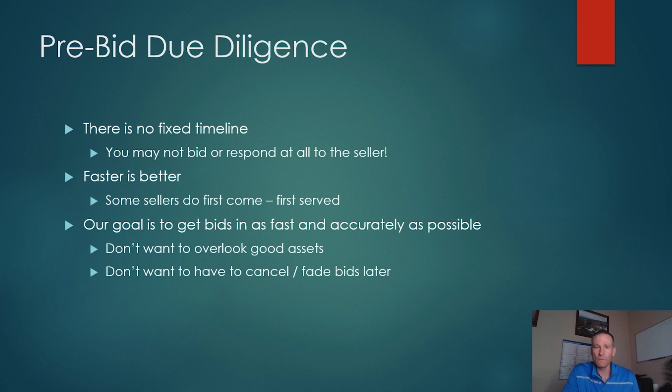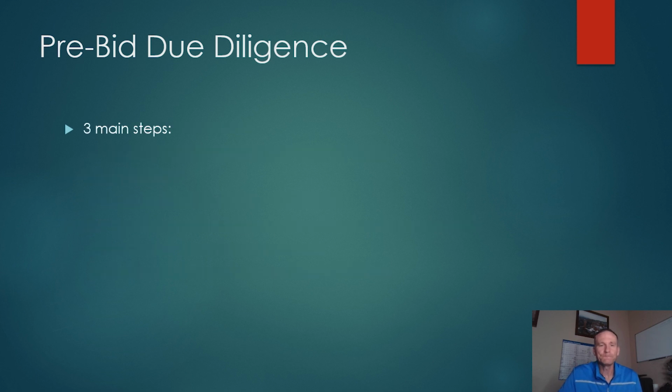So we don't want to be overly restrictive. We want to make sure we're capturing all the good stuff that's in the tapes. But we don't want to just throw in bids willy-nilly on everything and then have to come back later and cancel them because you put in a bunch of bids on crappy assets. So there's a dichotomy here, right? There's a balance that we're always trying to run.